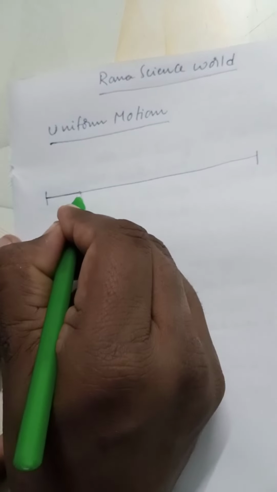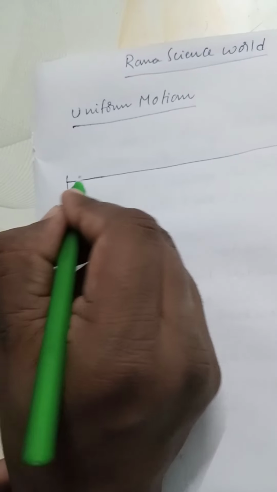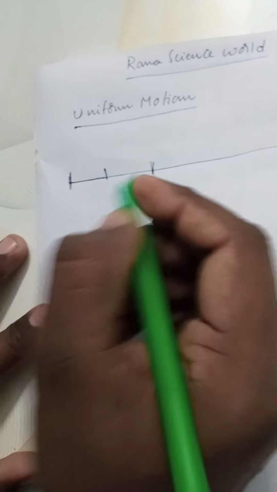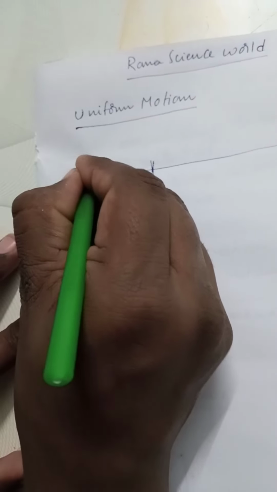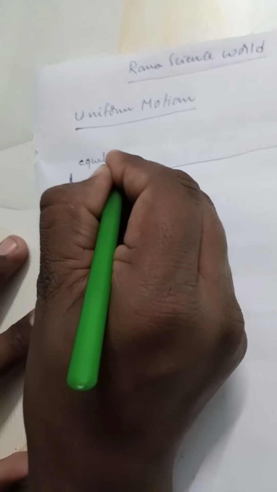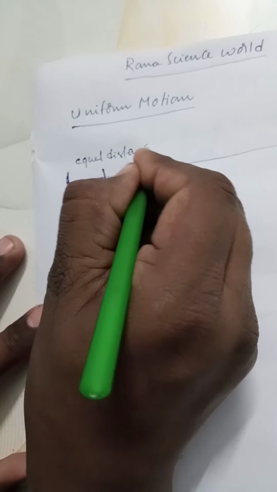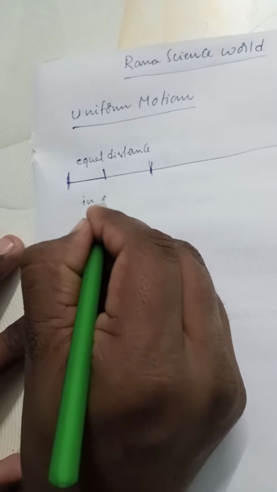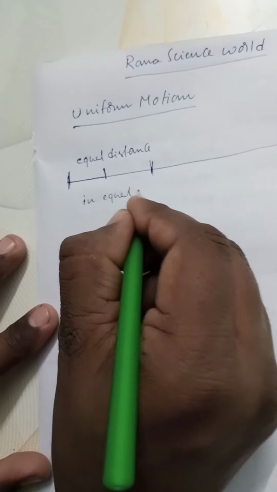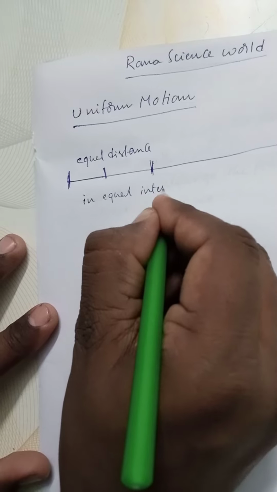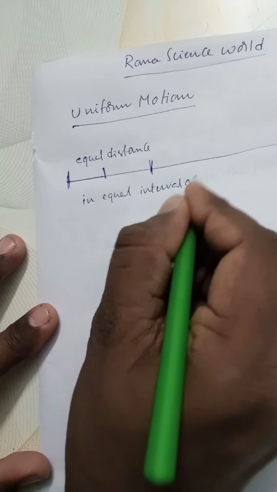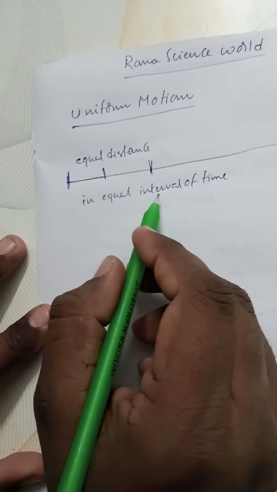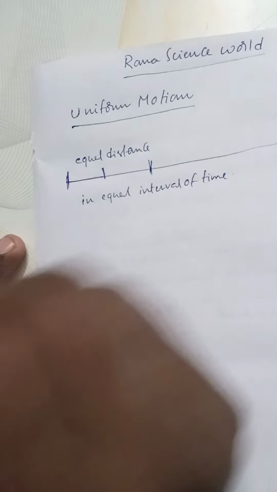That object takes equal distances in equal intervals of time. In that case, that motion is uniform motion.